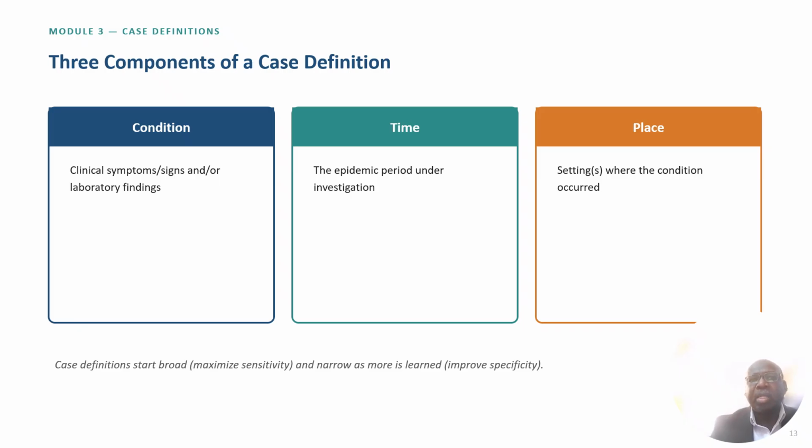Conditions should be clinical symptoms, signs, and laboratory findings, whether probable, confirmed, or suspected cases. Time is the period, and it should be exactly the period of the outbreak, to be sensitive enough to highlight the cases. Setting is where the conditions occurred, like in town X or town Y or town P.